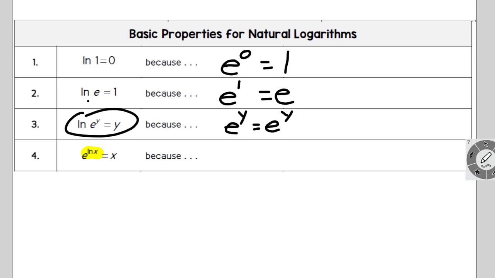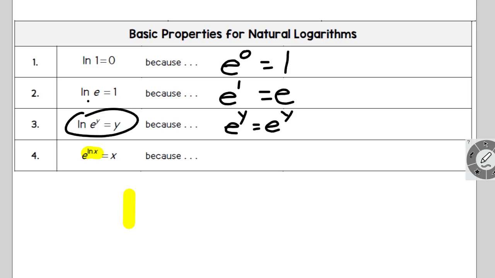Say that again. How does it change the product? Well, this isn't a product. We're talking about natural log of x. So when we talk about natural log of x, what that's saying is, what do I raise e to in order to get x? Okay.